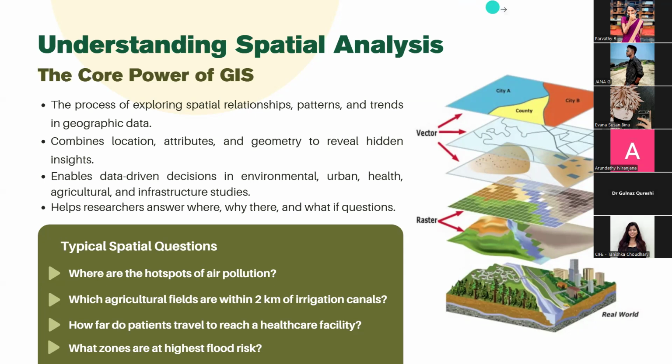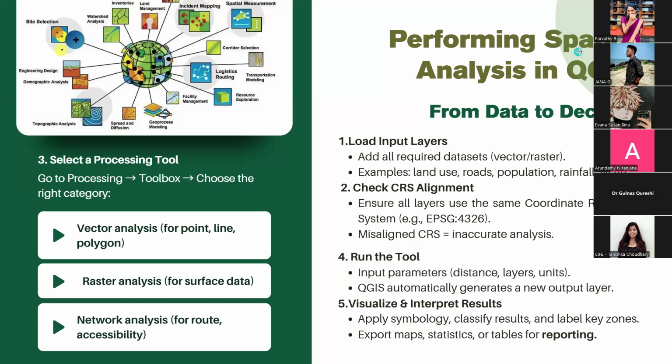So let me explain each spatial analysis for vector and raster. How to perform the spatial analysis. First, you start with loading your own data, then add all the required data sets, raster or vector.